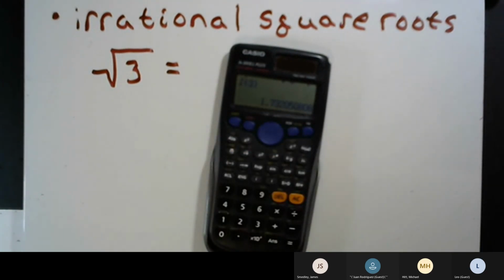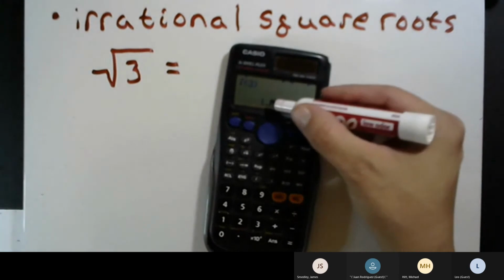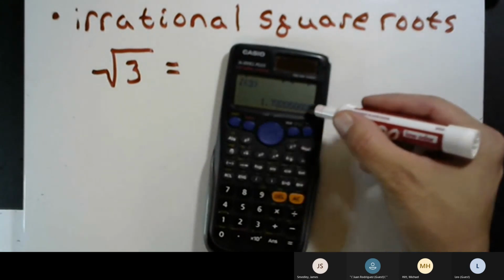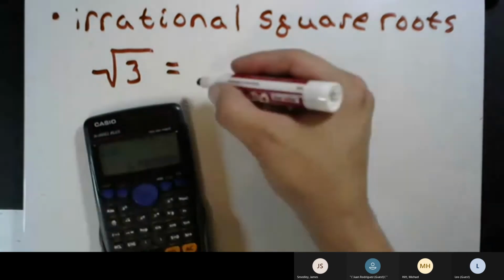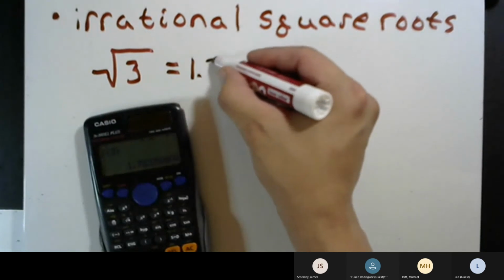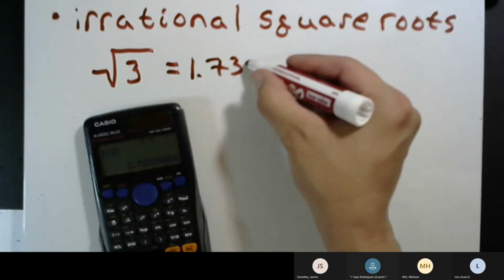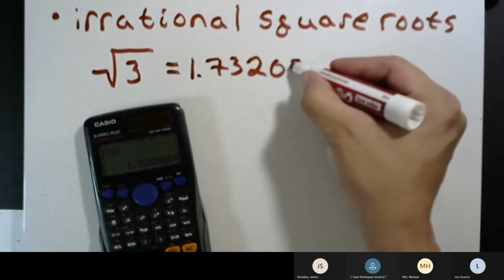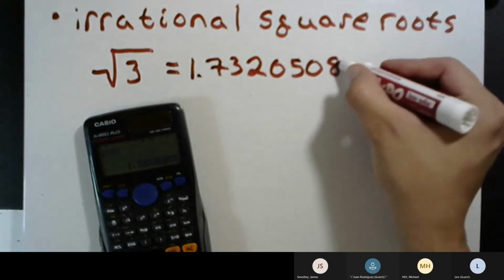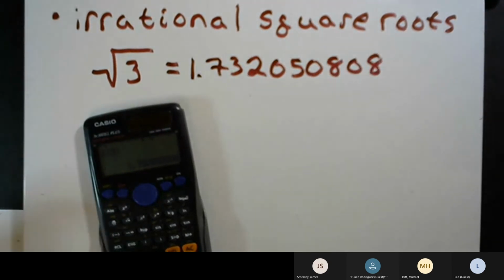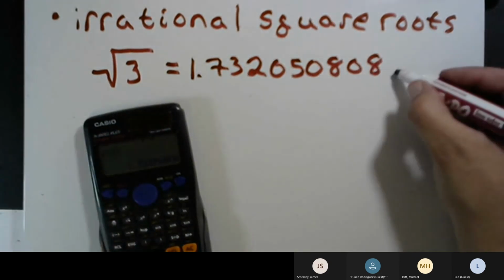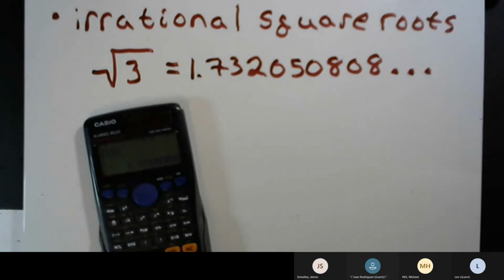You might not always know when you're seeing an irrational number, but that's what we have here. If I take the square root of 3, I'm going to get a number that has infinitely many digits. These are the ones my calculator happens to show, but they're going to keep going on forever and ever.